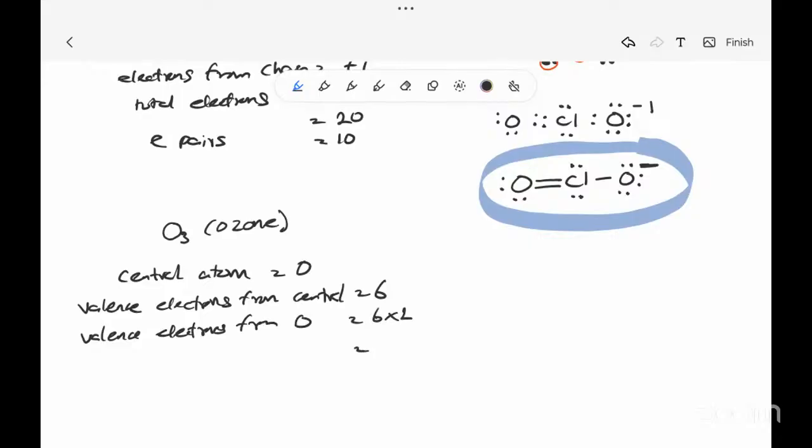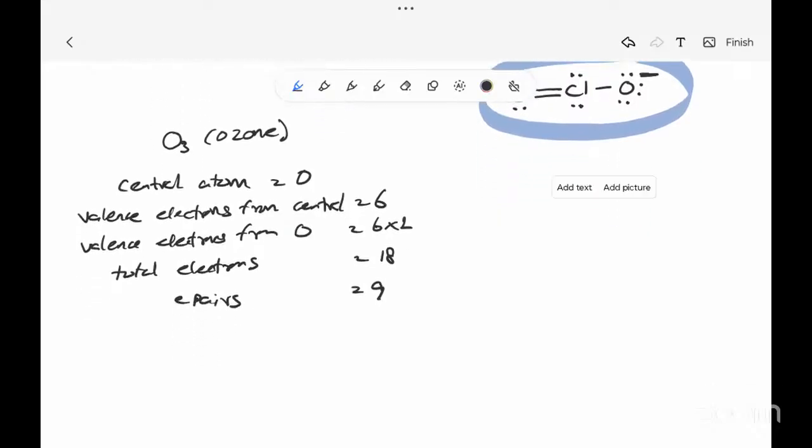There are no charges, so altogether total electrons there will be 18, not 16. Then electron pairs, 9.